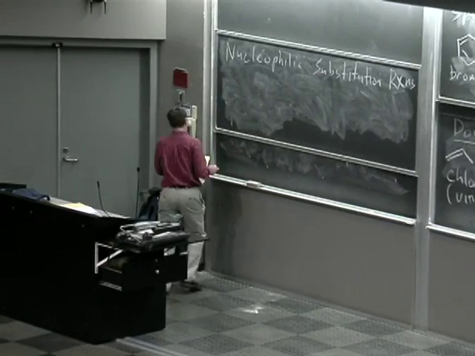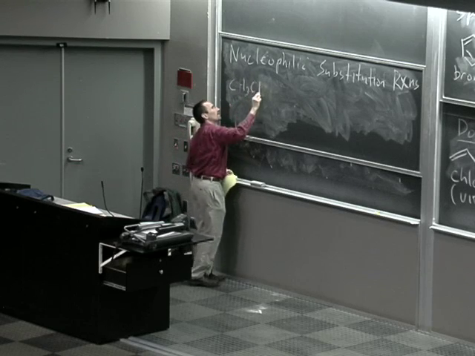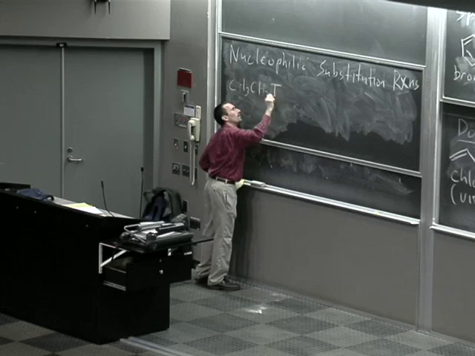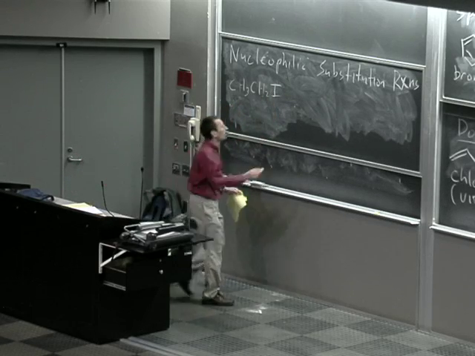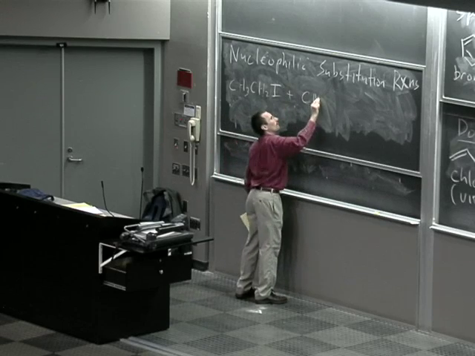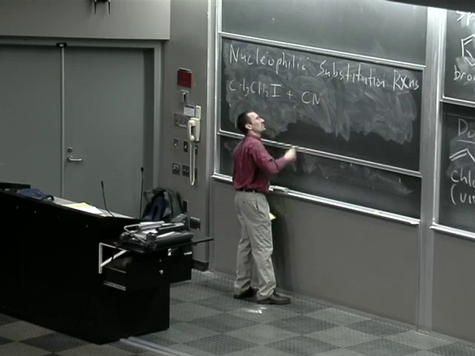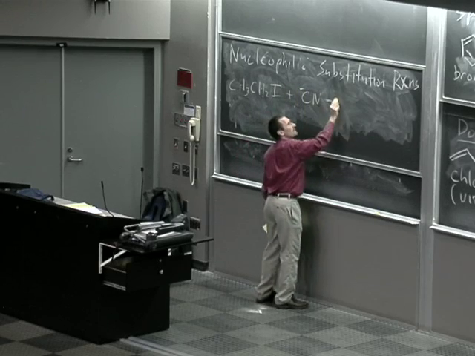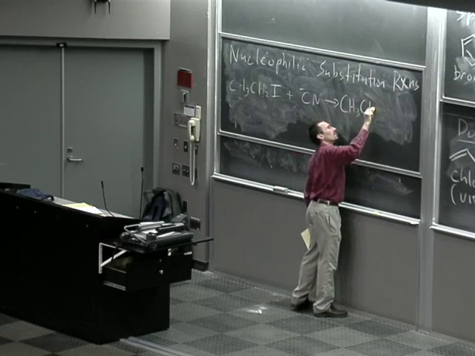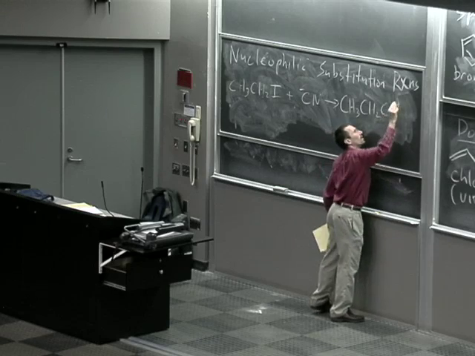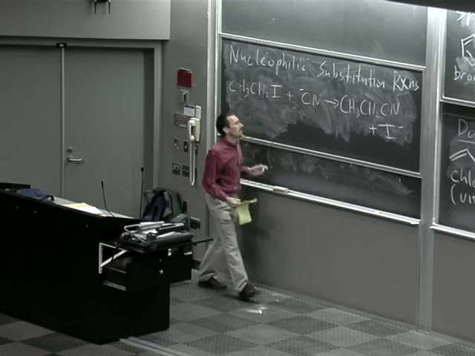So the two examples that I wrote were iodoethane reacting with cyanide anion. I'll write it with the negative charge on the carbon, giving us propionitrile plus iodide.